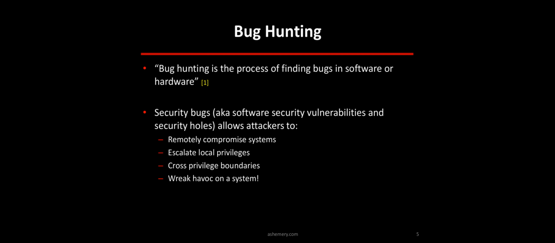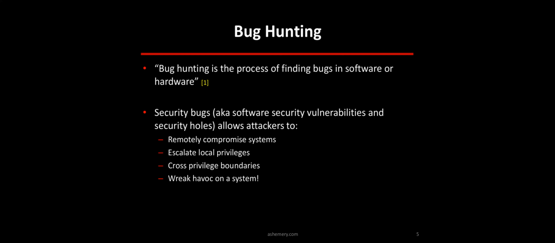And here I'm talking, by the way, about security bugs only, because not every software bug or hardware bug is exploitable or leads to an exploitation. We'll see that in other sessions later on. So the idea here is to hunt those bugs which represent a weakness in that software or in that hardware.